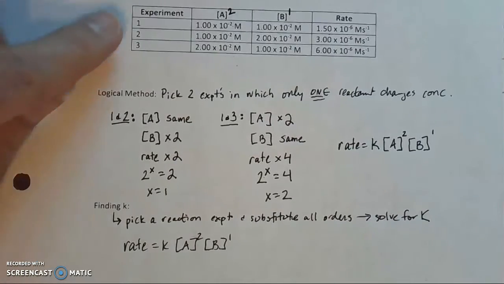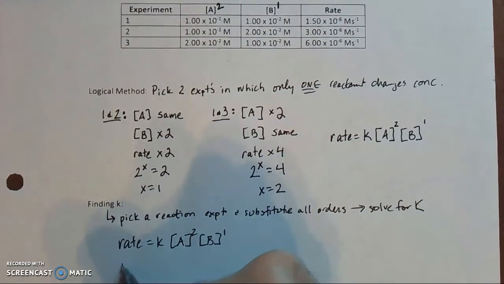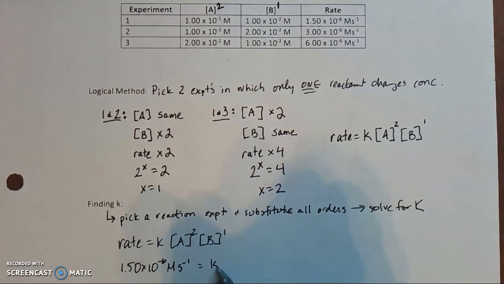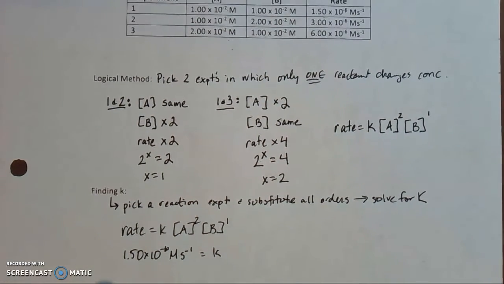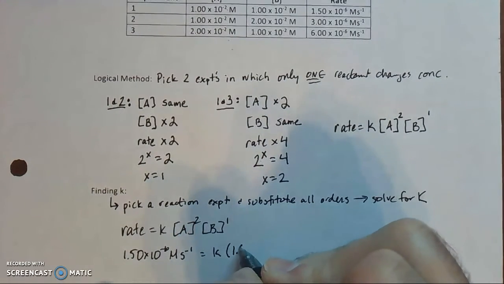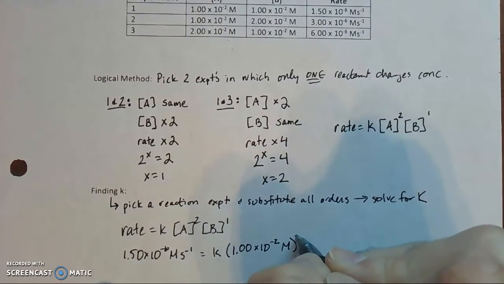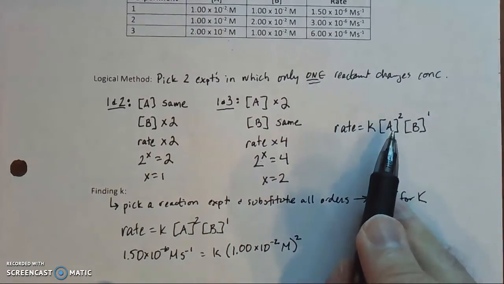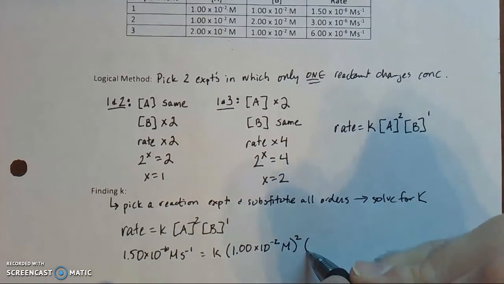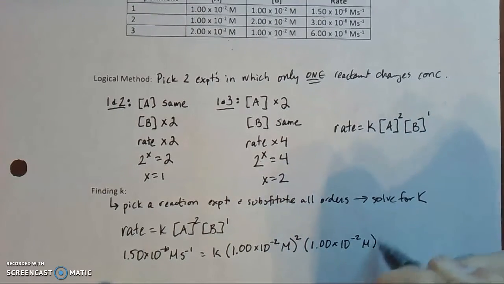So if I pick experiment number 1, our rate is 1.50 times 10 to the minus 6 M s to the negative 1, which is equal to k times A, which is 1.00 times 10 to the minus 2nd molar squared, because of the squared, times the concentration of B, 1.00 times 10 to the minus 2nd molar to the first.